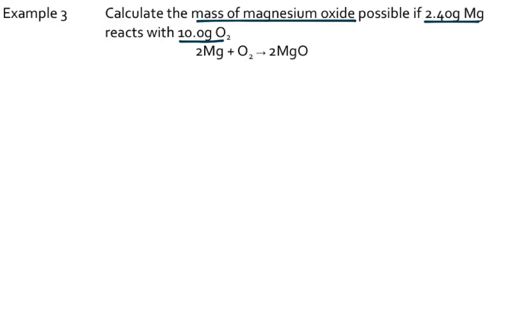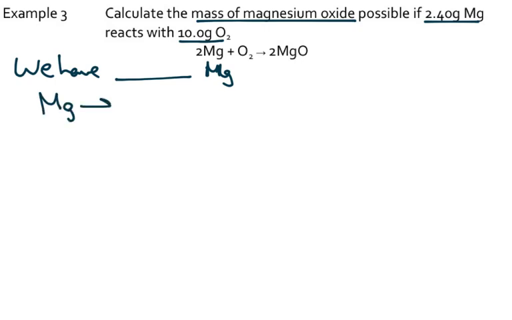So we first need to know how many moles of each substance we have. So we'll deal with magnesium first. Good news is with magnesium, it is a single element, so the molar mass is incredibly easy. Just look it up, and we have 24.305 grams per mole.